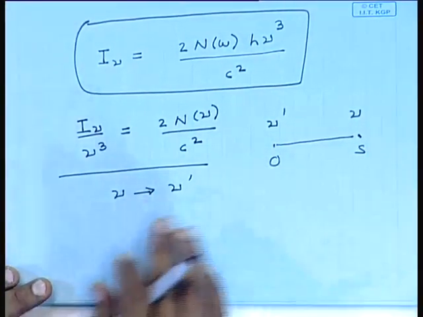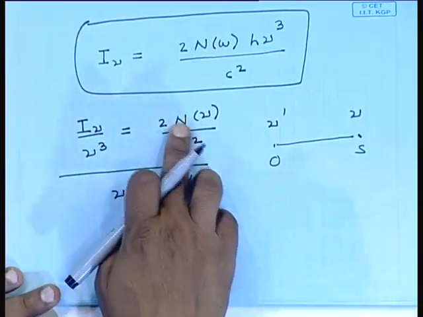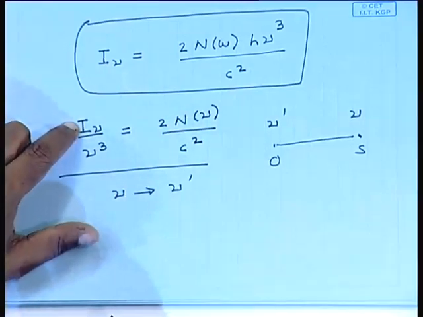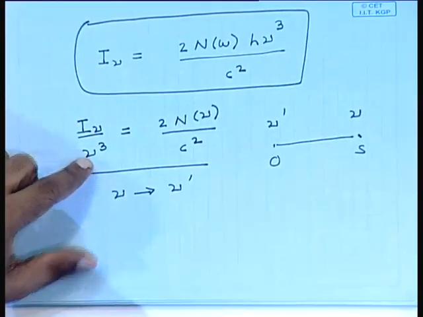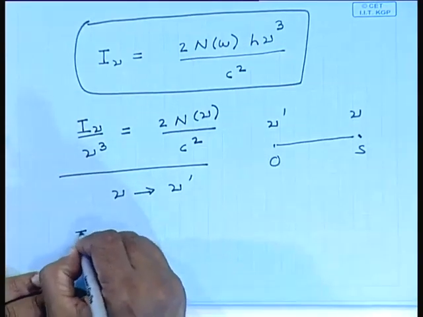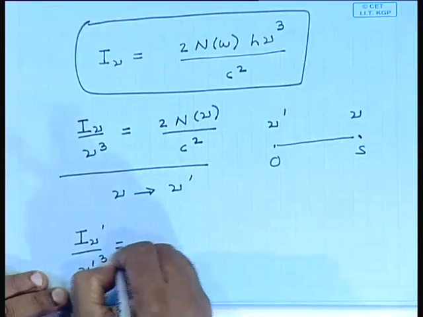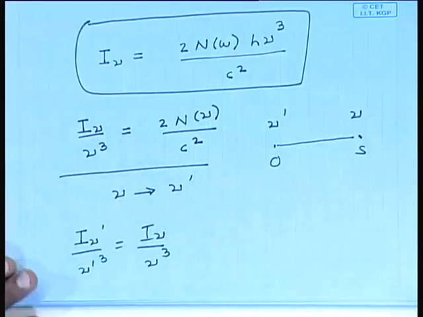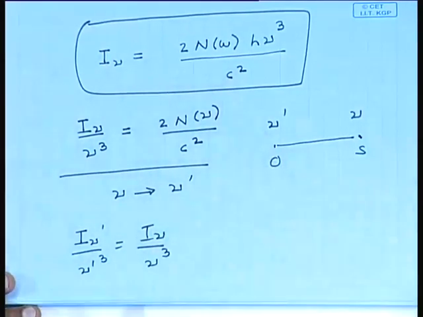Okay. Now, we have seen that in the expansion of the universe, the occupation number does not change. So, what we can say is that I nu, the specific intensity, by nu cubed is a conserved quantity, right. This is a conserved quantity. So, in such a situation, I nu prime by nu prime cubed is going to be equal to I nu by nu cubed, and from here straight away you can say what the observed specific intensity is going to be.